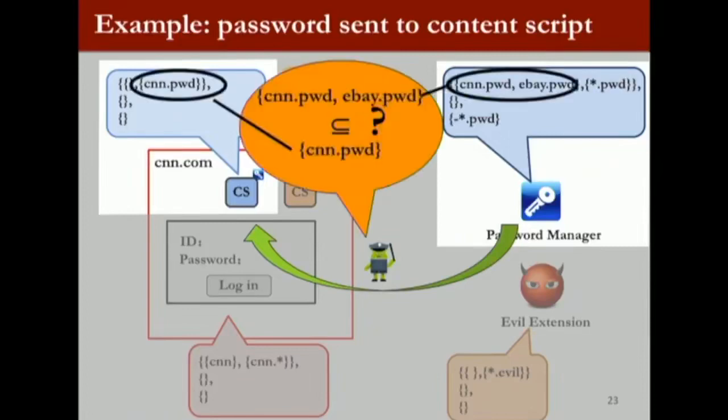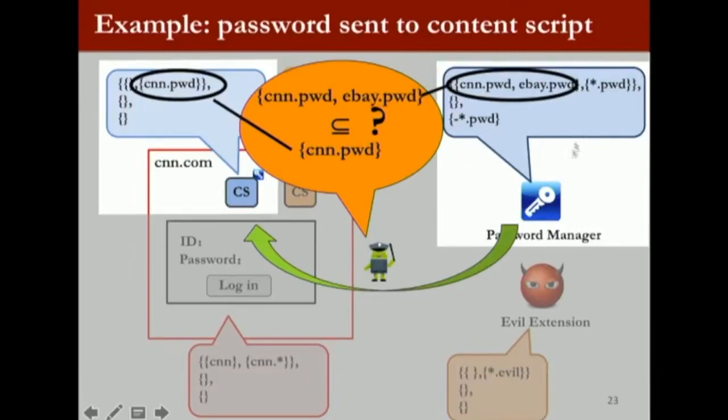What we're checking is whether the secret that the password manager knows is a subset of the ceiling of the content script. So this is saying: the secret that the sender knows, is it a subset of what the receiver is allowed to receive? Unfortunately, this check will not succeed.